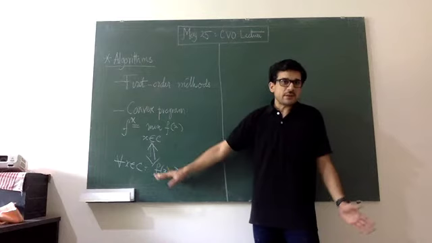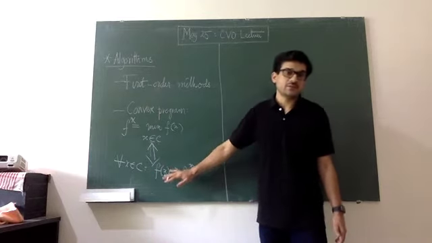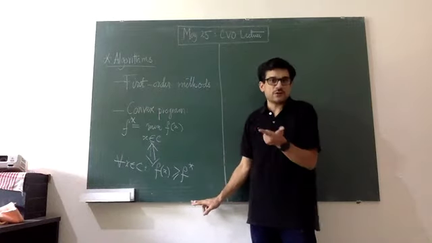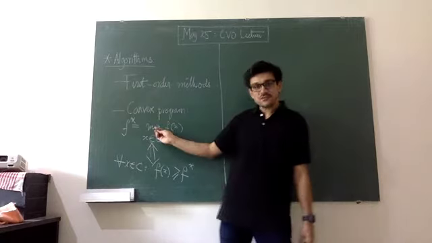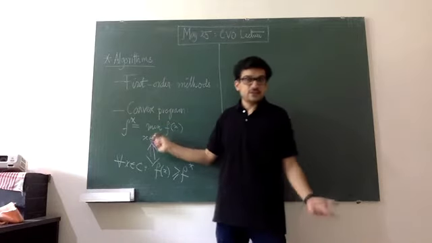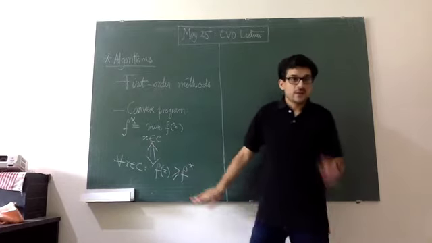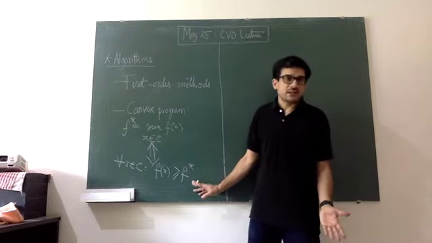The straightforward way is by definition: for all x in C, f(x) is greater than or equal to F star. But that's just one part of the statement. It means F star is a lower bound, and this is really an inf, so you also have to show it is tight, that you can get very close to it. But up to that technicality, this is a very valid question to ask.